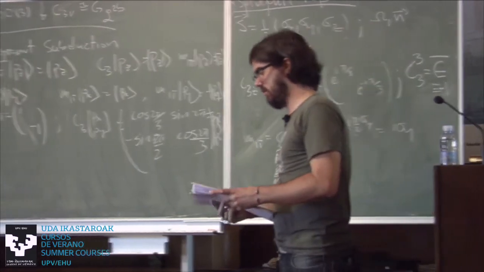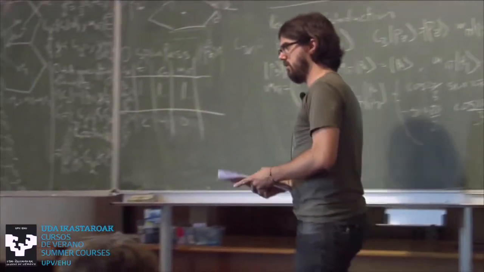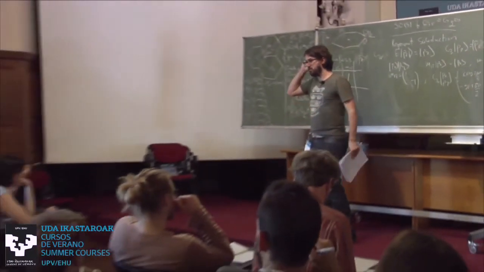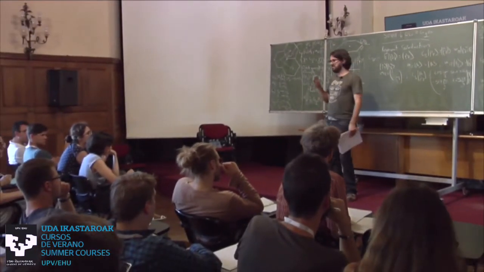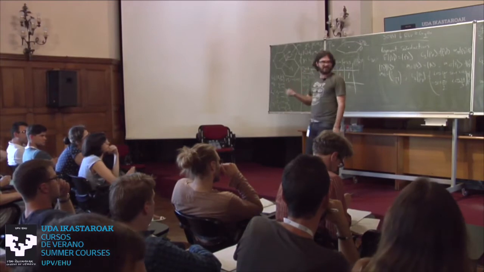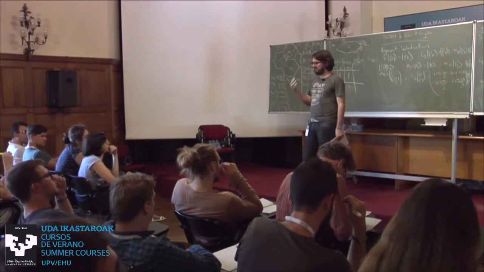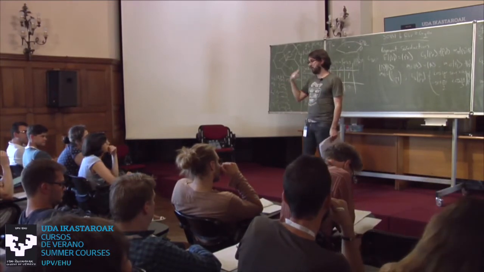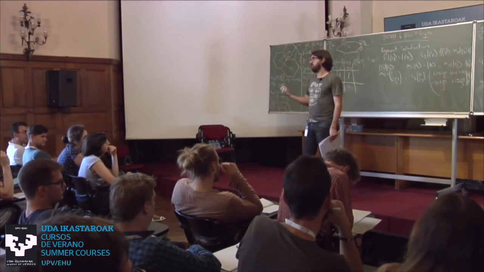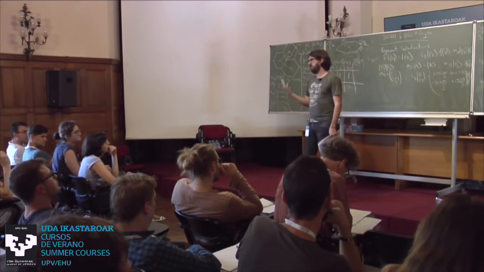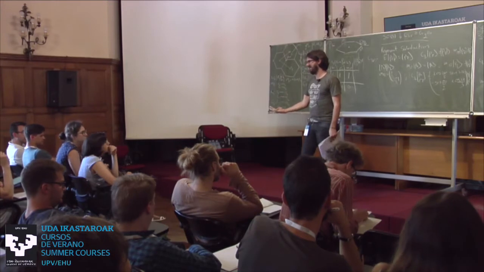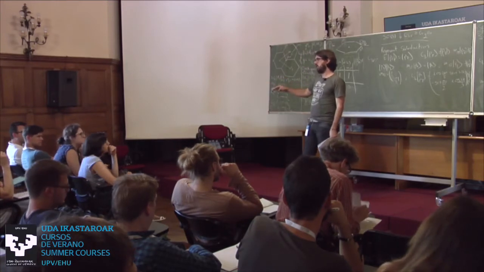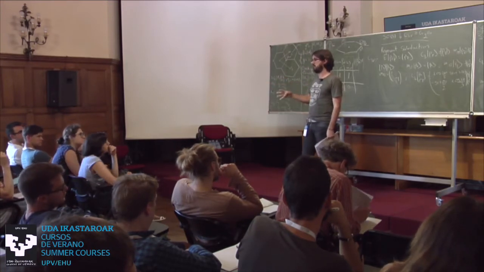Yes? E bar is a full 2 pi rotation of the spin, which, since the spin is 1/2, is not the identity, is minus the identity. So as a representation, it will always be minus the identity as a matrix.